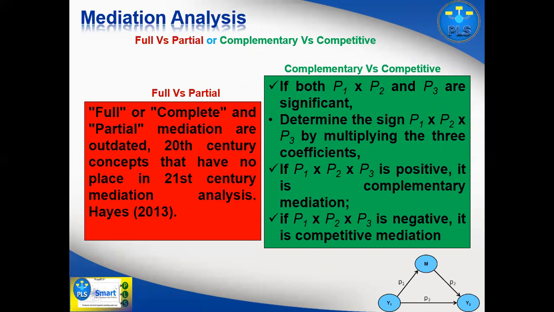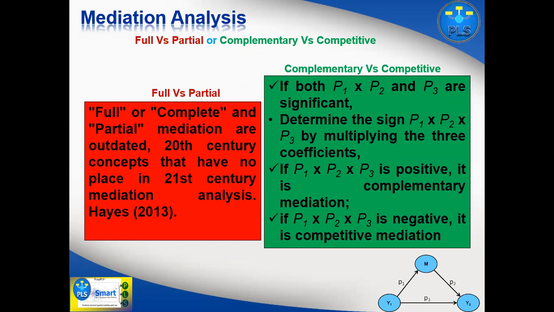It says that if the relationship between IV and DV is significant, and when you introduce the mediator it renders insignificant, then there is full or complete mediation. But when it's still significant, but the significance level is reduced, you say there's partial mediation, if there is mediation at all.